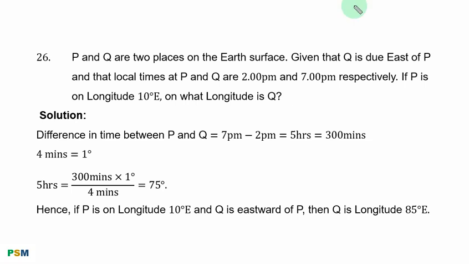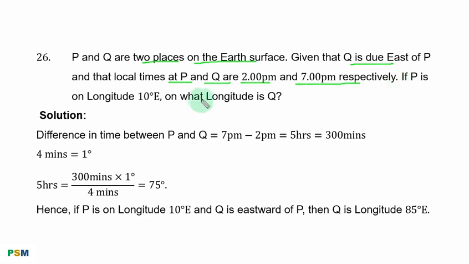Example 26. P and Q are two places on the Earth's surface. Given that Q is due east of P and that local times at P and Q are 2 p.m. and 7 p.m. respectively.